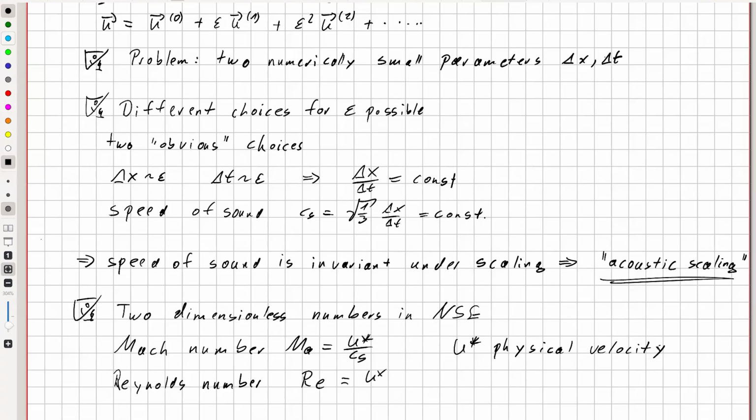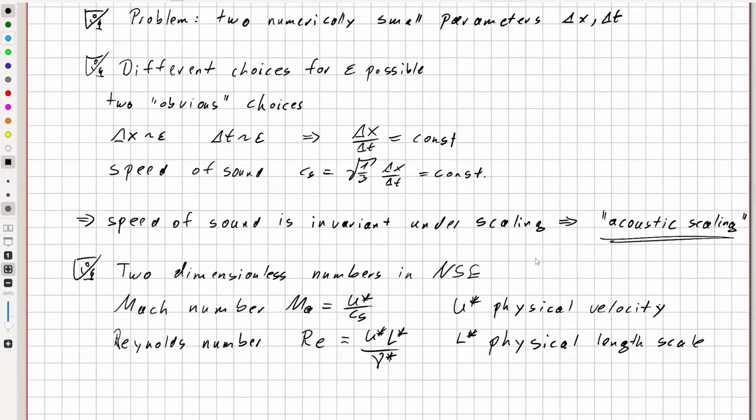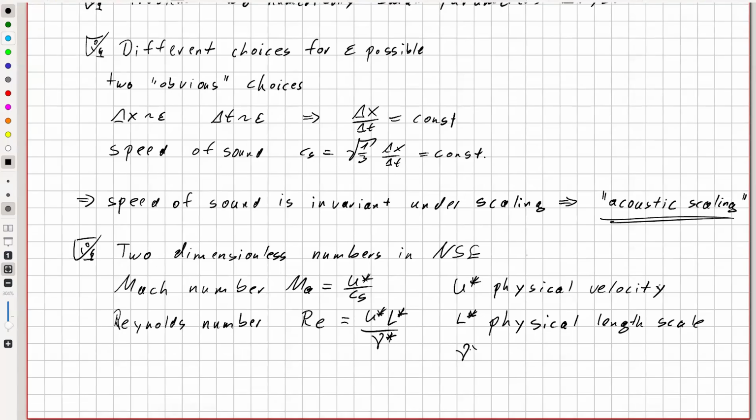This is the physical velocity scale times the physical length scale divided by the physical viscosity, nu, the physical Cs square, 1 over omega minus 1/2.